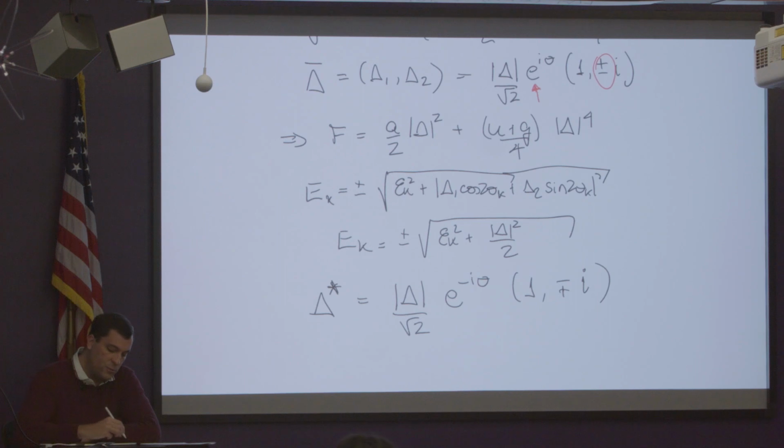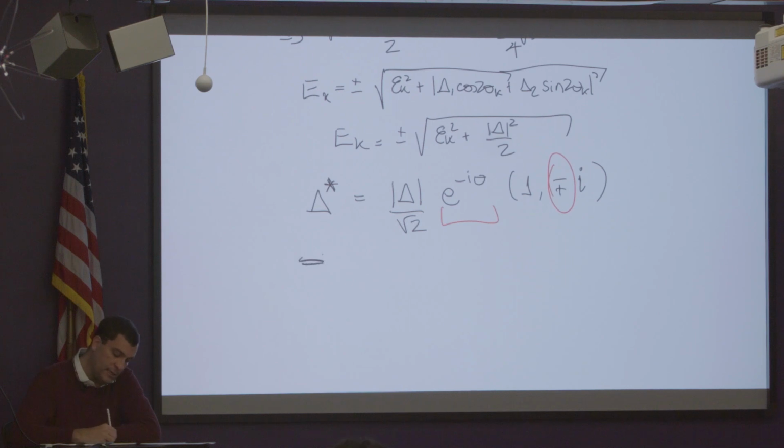This one here I can always undo with a gauge transformation. So that's not a problem. But this one here, I can't undo. So delta star and delta differ by more than a gauge rotation, which means that I break time reversal symmetry. So this is what we call a chiral superconductor.